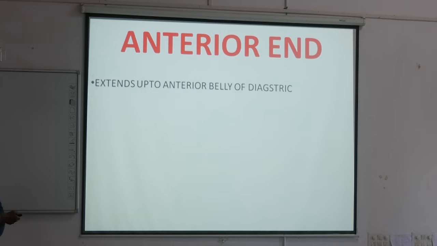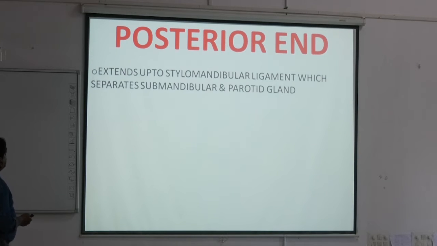The anterior end extends up to the anterior belly of the digastric muscle. The posterior end extends up to the stylomandibular ligament, which separates the submandibular and parotid glands.